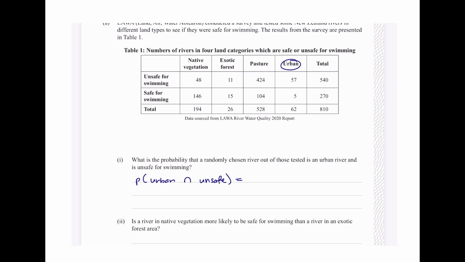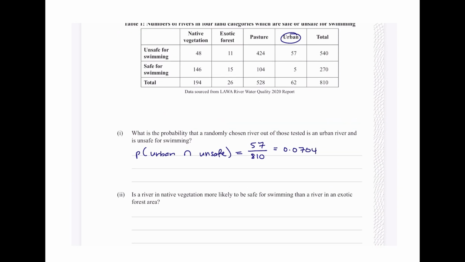So the probability that it's urban and unsafe, well, we have 57 of those rivers, but what's the denominator in this case? We're looking at a randomly chosen river. So that means all of our rivers. So that's going to be 810. So 57 divided by 810 is going to give us 0.0704.